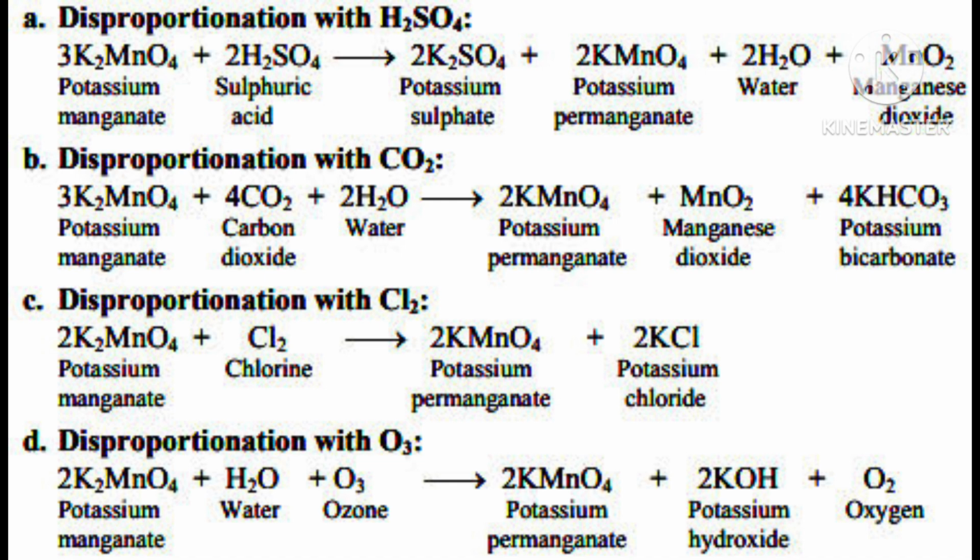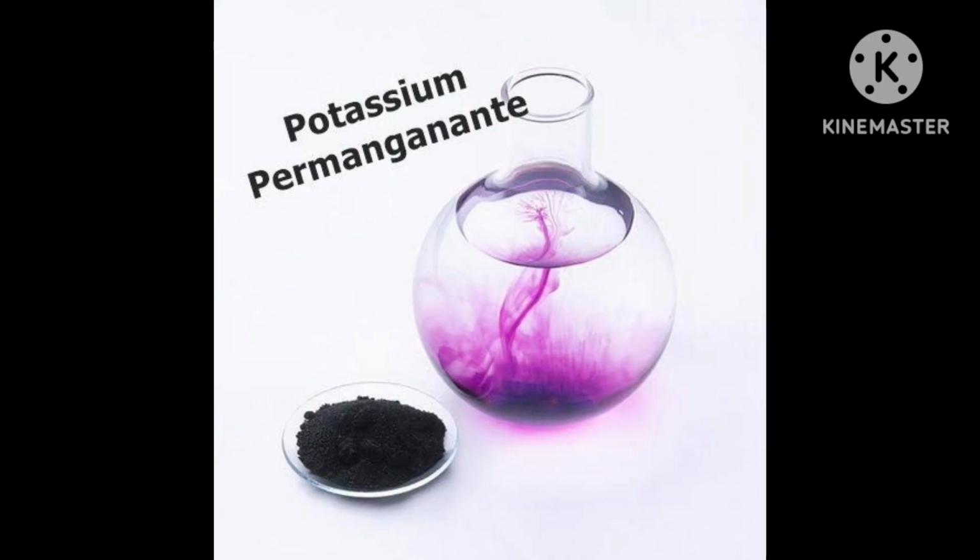So it is used as a bleaching agent for wool, cotton, silk and other textile fibers, and also as a decolorization agent for oils, and these properties depend on the strong oxidizing power of KMnO4.